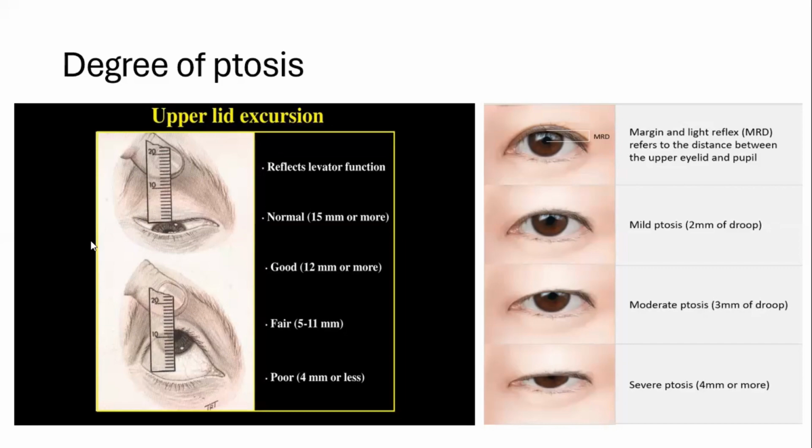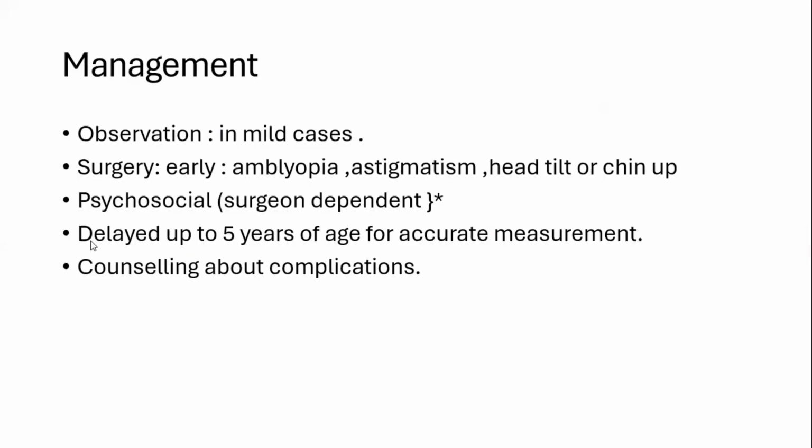This will be important in the type of surgery. So the management: generally management will be observation in mild cases. Surgery, with the timing of surgery early if there is amblyopia, astigmatism, any head tilt or chin up position.